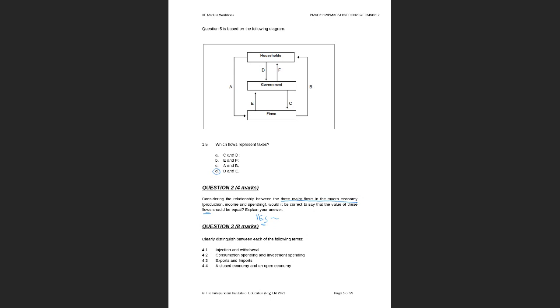Awesome, right? So in this case, a flow variable is a variable that is measured over a period of time. And tell me, when it comes to production, income, and spending, is this a flow variable or a stock variable? Flow, absolutely.